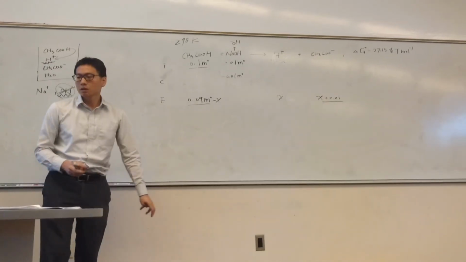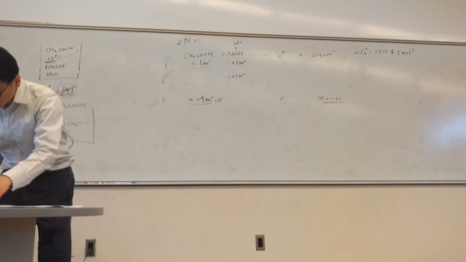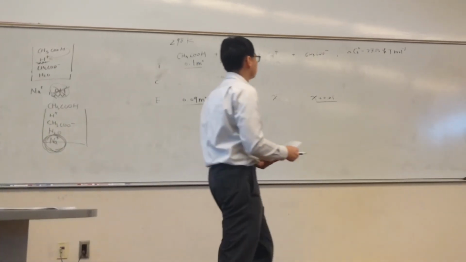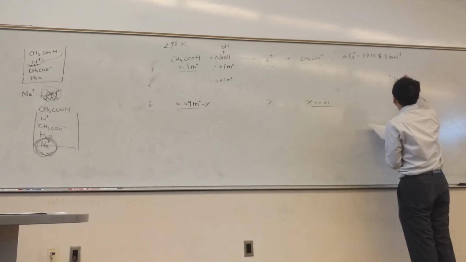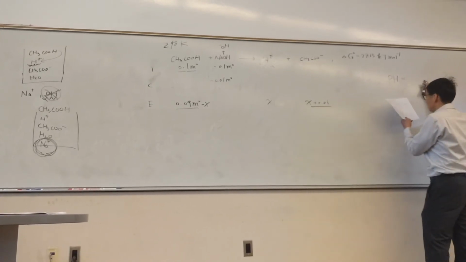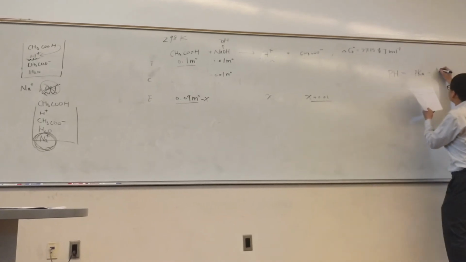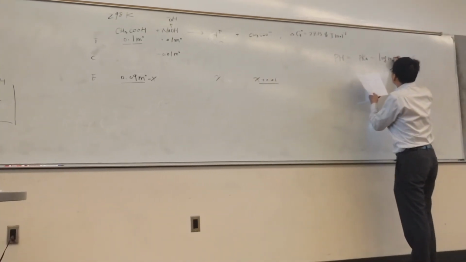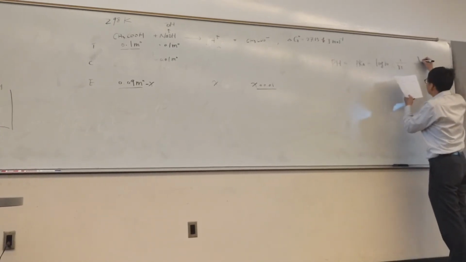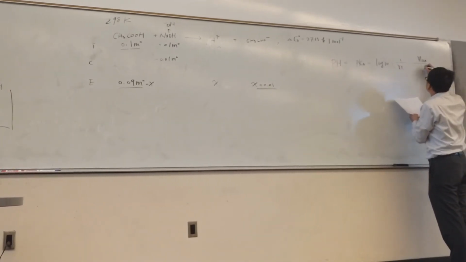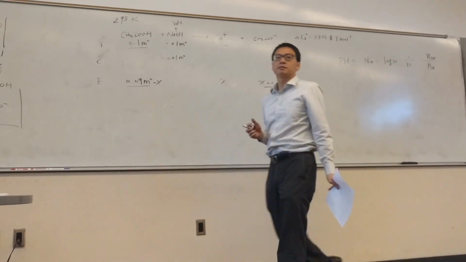So on the previous page, we said the pH. How do you calculate the pH of a buffer? This is going to equal your pKa minus log 10 times your gamma plus minus times your HA over A minus.